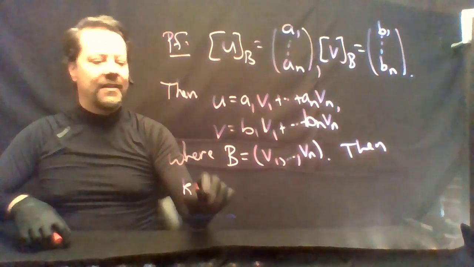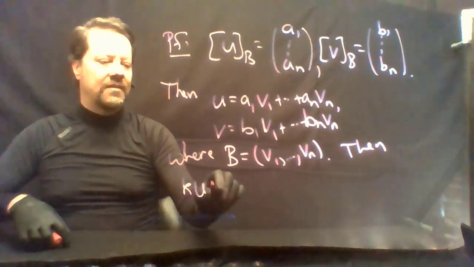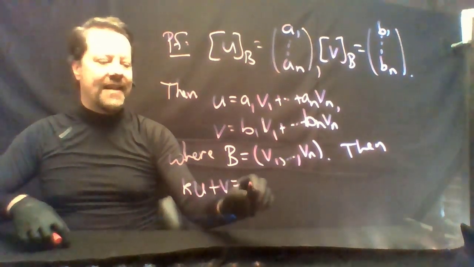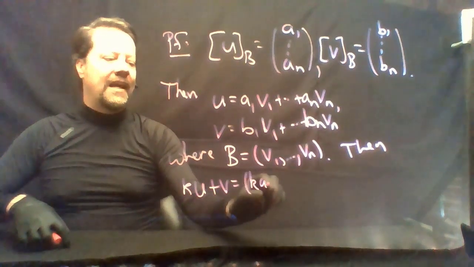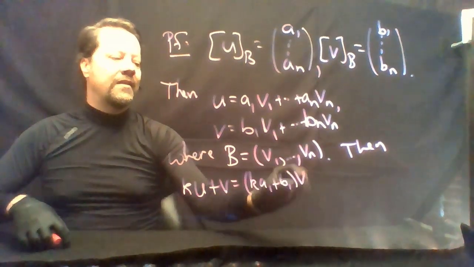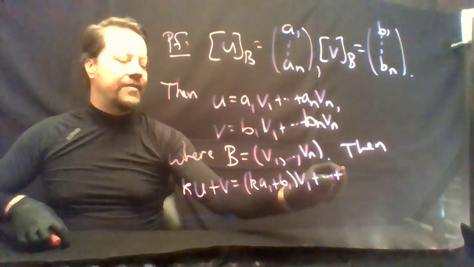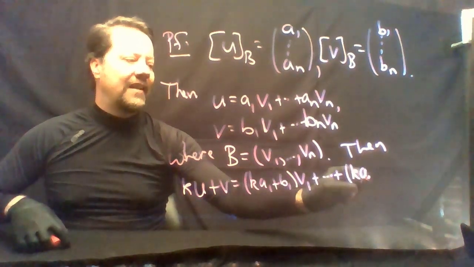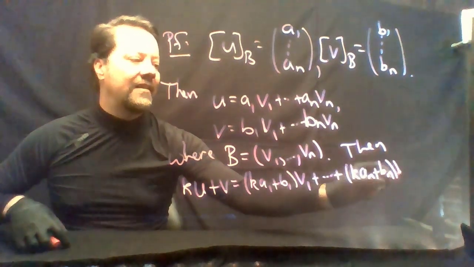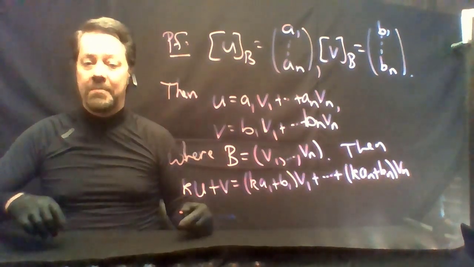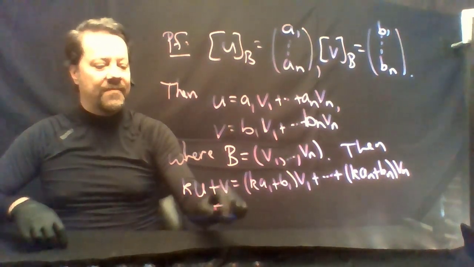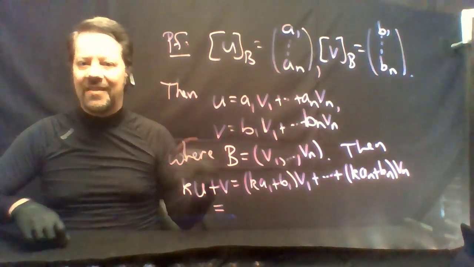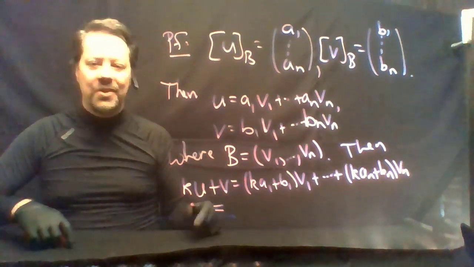Then what about Ku plus V? Is that not K A1 plus B1 V1 through K An plus Bn Vn, by the basic properties of a vector space, the distributive law, the commutative and associative laws?